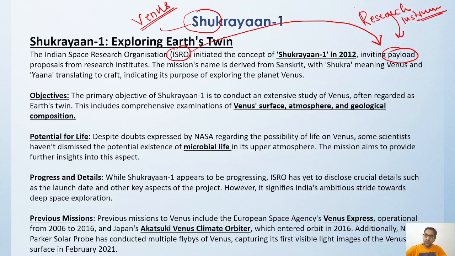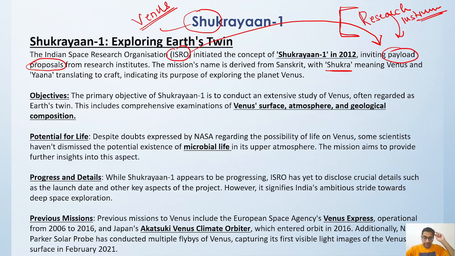So ISRO is asking various private institutions and research institutions for proposals on what type of payload we can send along with it. Shukra is Sanskrit for Venus, and Yaan means a craft or a rocket that we want to send. The main purpose is to send an orbiter which will look at the type of atmosphere of Venus, mapping the atmosphere and geological composition.